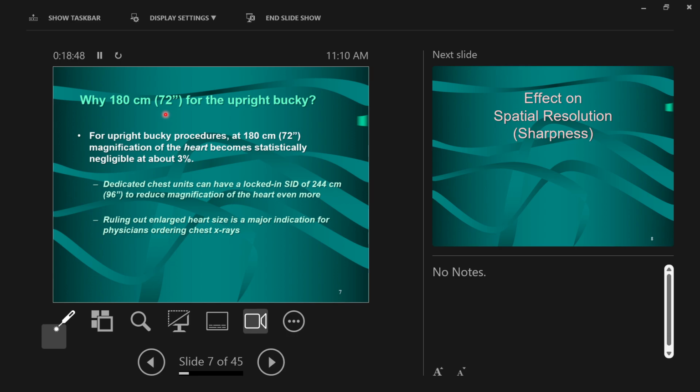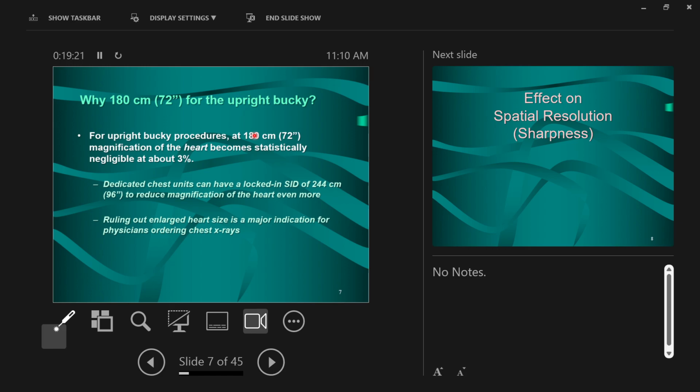Those of you that have done upright radiography know we sort of use both distances. But with the upright bucky, we have the advantage that our rooms are usually kind of long, and now the X-ray tube is pointed that way, right? It can be operated at human height, but be a long distance from the bucky tray. So 180 centimeters happens to be this sort of magic distance to where an average X-ray tech can simultaneously reach the patient and wall bucky as well as the X-ray tube.